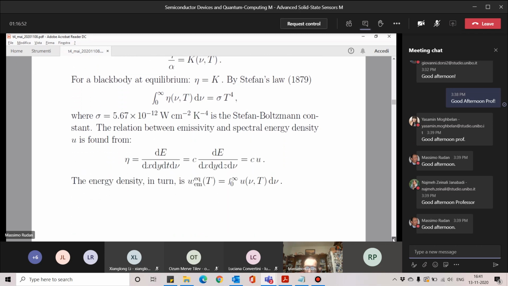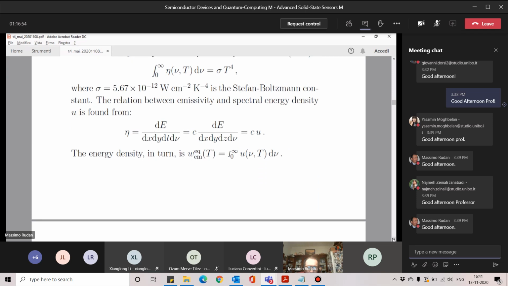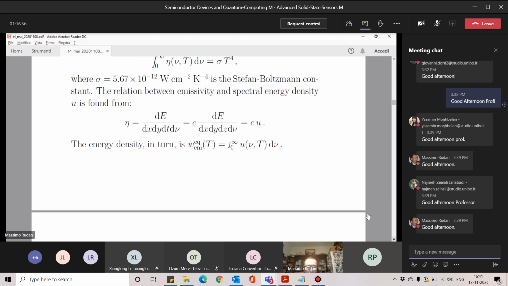In equations, we have that emissivity is by definition the energy per unit area, time, and frequency.